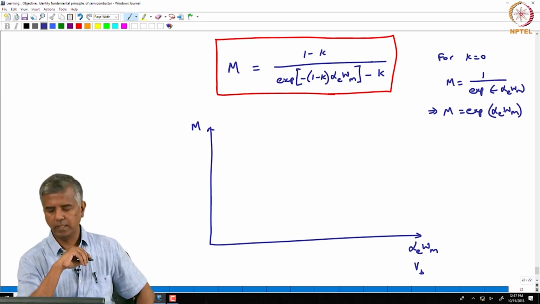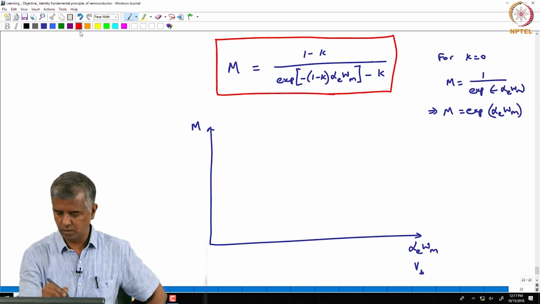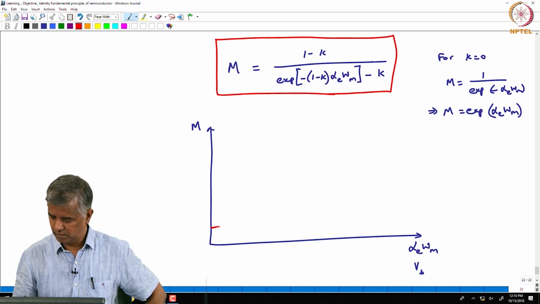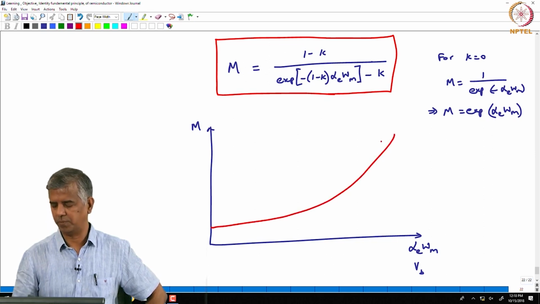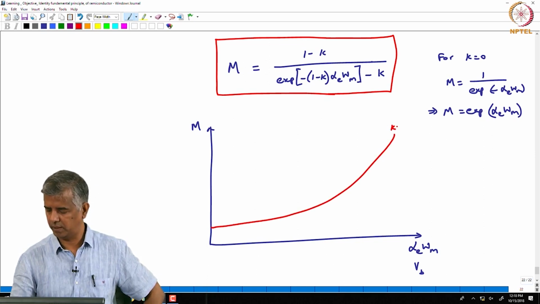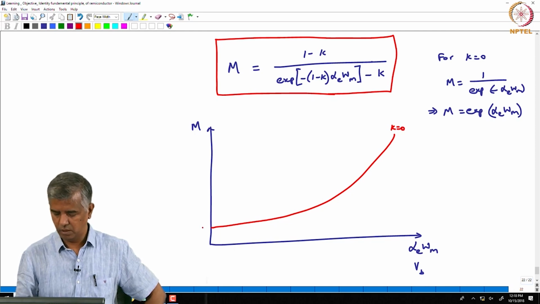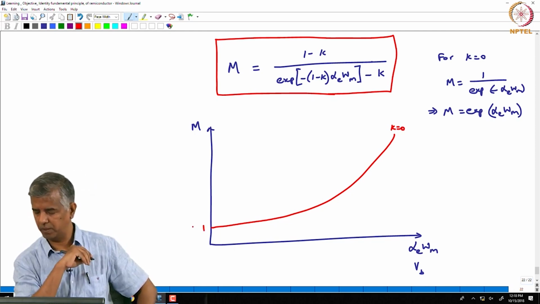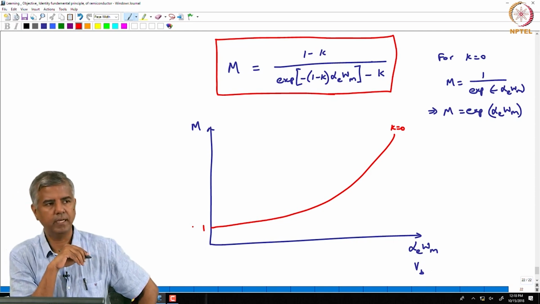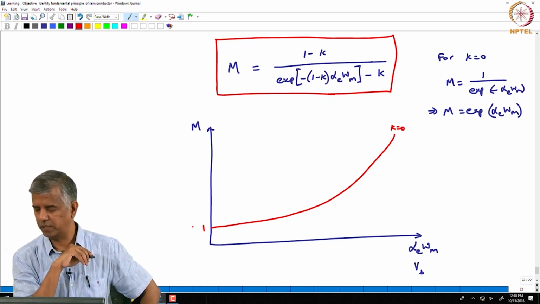So, how does that look over here? I am going through an exponential here. This is for k equal to 0, you are starting from M equal to 1. So, it is just an exponential dependence.